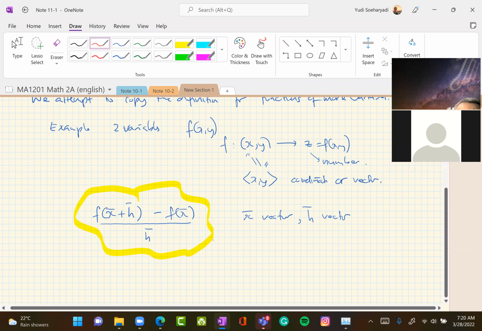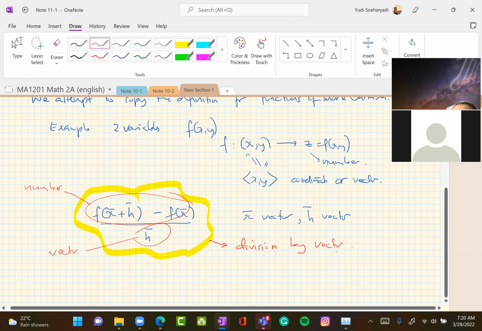That is, you have division by a vector. On top you have a number, because x and h are vectors, but if you apply f then the values are numbers, and you see this difference of numbers. So this is a number, but this is a vector.